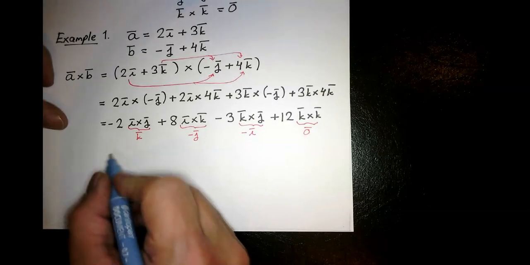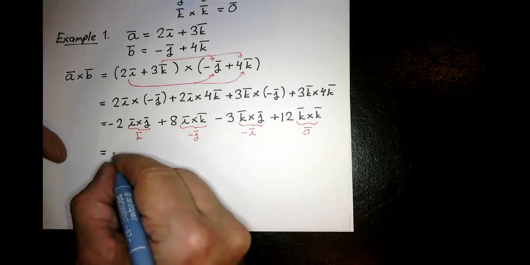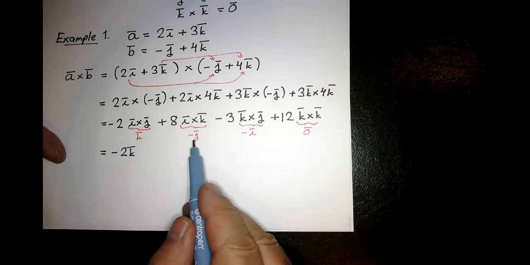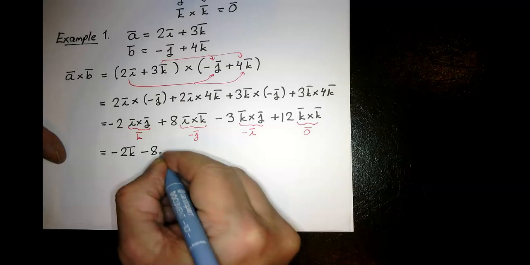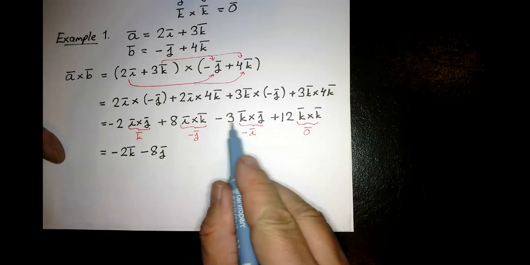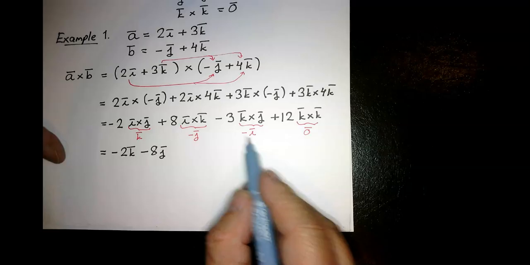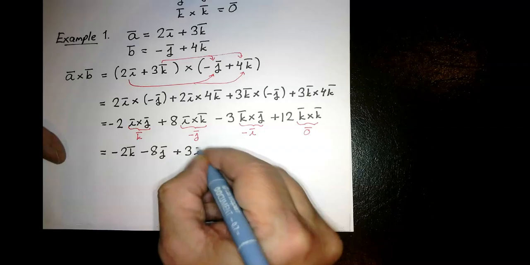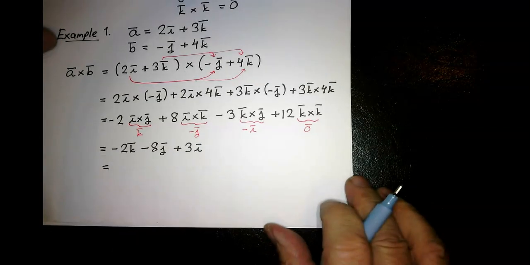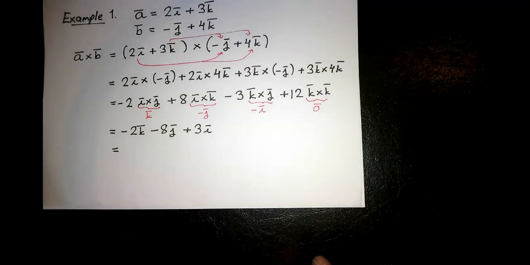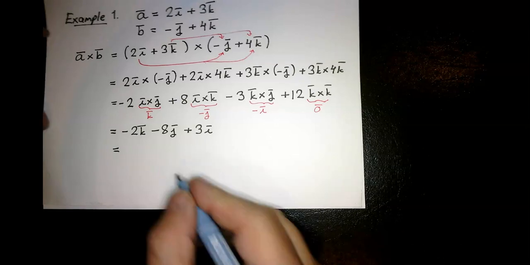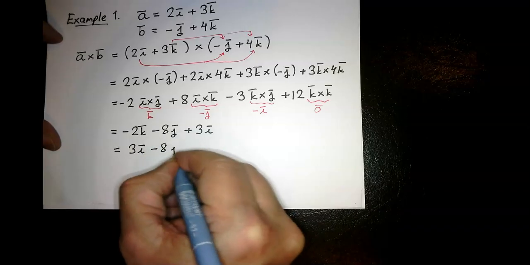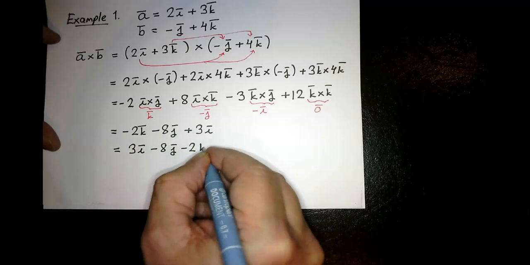So the result will be minus 2k. 8 times minus j will be minus 8j, and minus 3 times minus i, minus and minus, that will give us plus 3i. And if we want to write this in alphabetical order, ijk, the final result will be 3i minus 8j minus 2k.